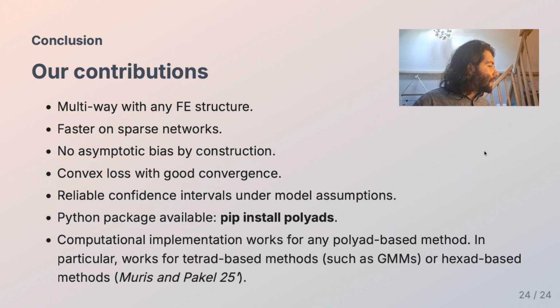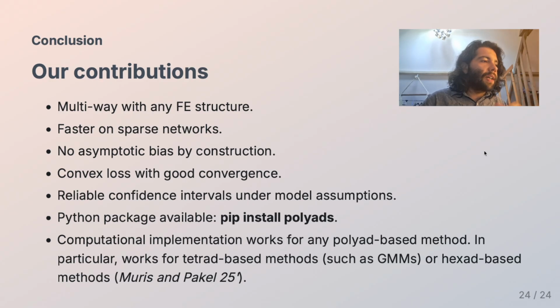Just to summarize now the main contributions, first we have a multi-way method that works for any structure of fixed effects. So it's multi-way in the sense that it works for two-way, three-way, four-way, six-way, any way you want. It supports any structure of fixed effects. So for instance, if you are in a three-way case, imagine index ijt.